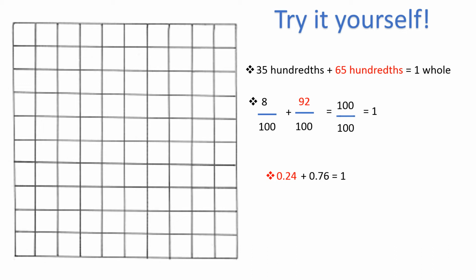So for this second one, you could have shaded in 8: 1, 2, 3, 4, 5, 6, 7, and 8, and then you would have had to figure out how many are not shaded to get your answer. Instead of counting each square one by one, which would take a very long time, we know that in each row there are 10, so we can just count in 10.